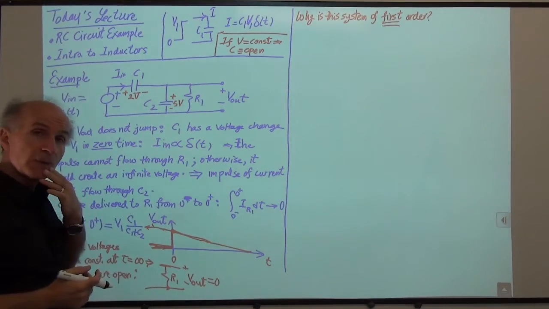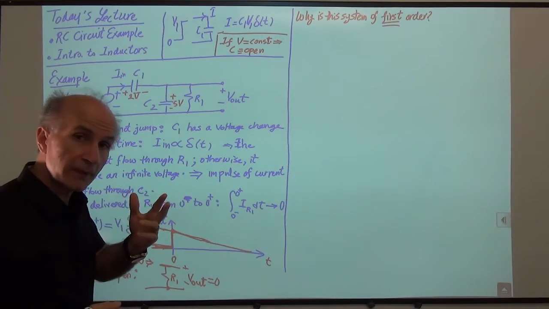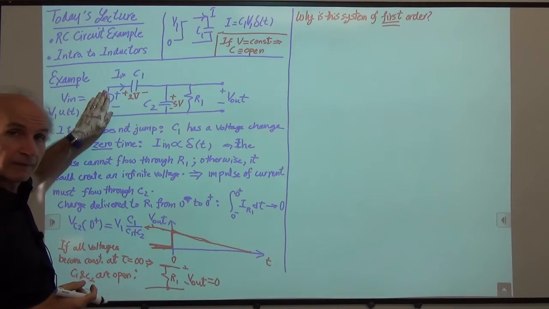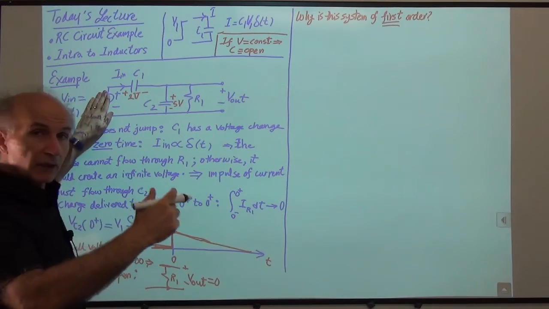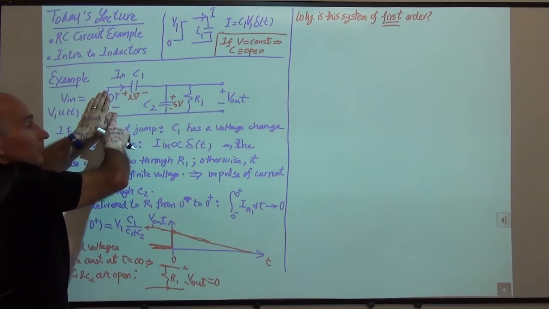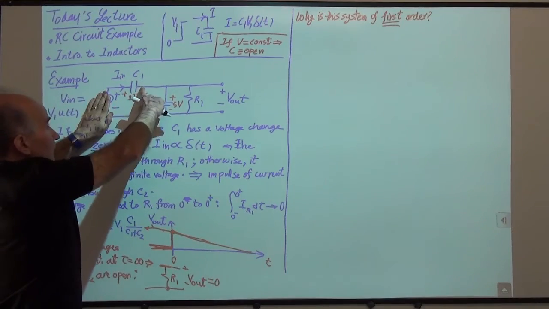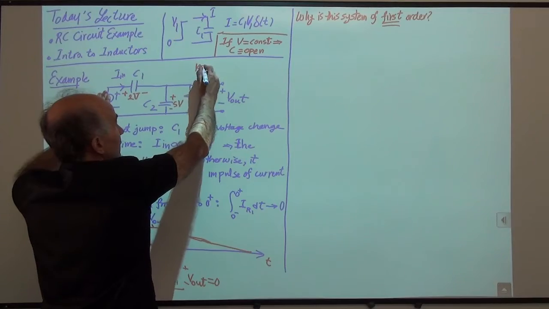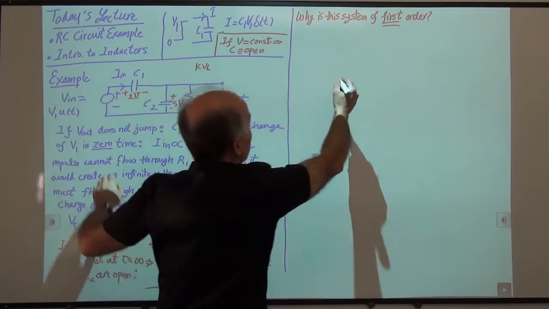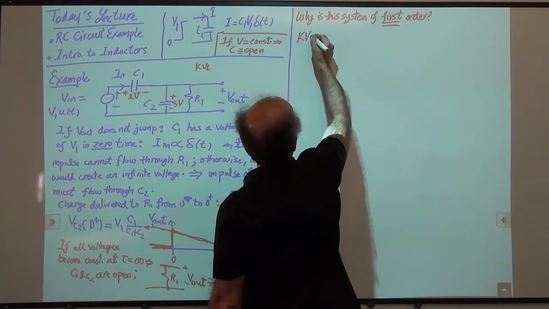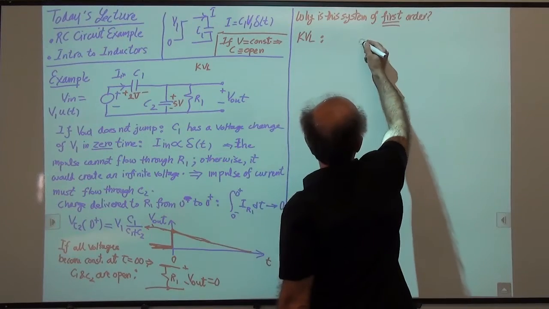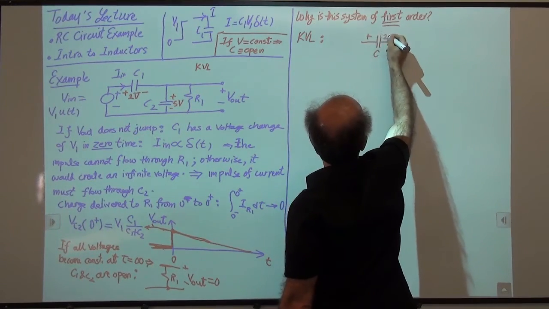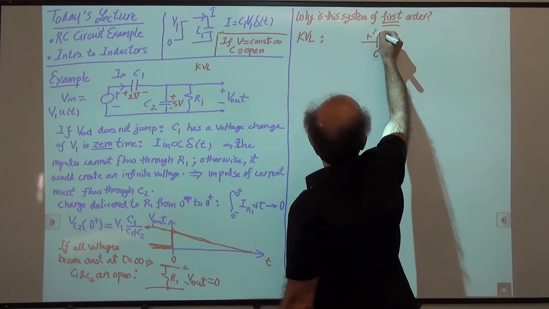But is that true? So before time 0, the step is 0, right? So I should be able to write the KVL here. 0 is equal to this voltage plus this voltage, right? So KVL. Here's the situation. I have C1 with 2 volts on it.